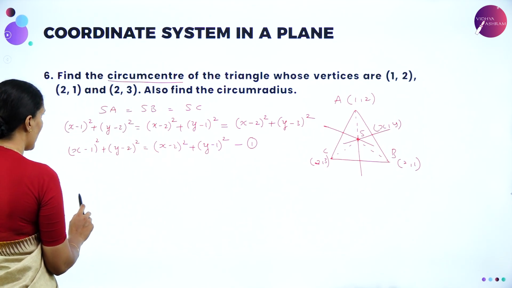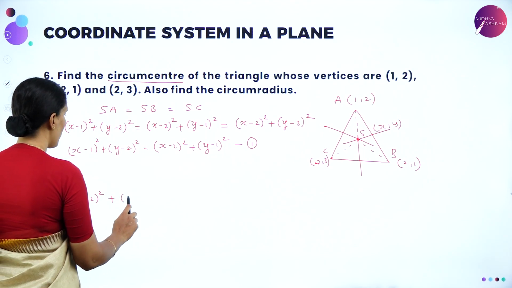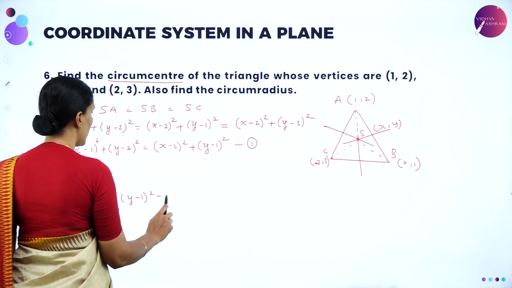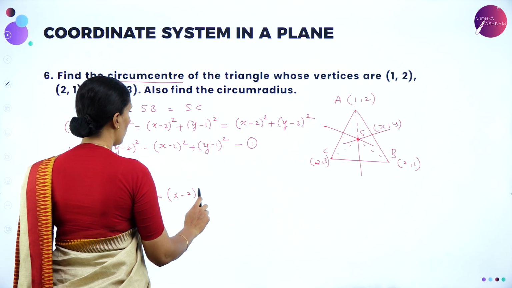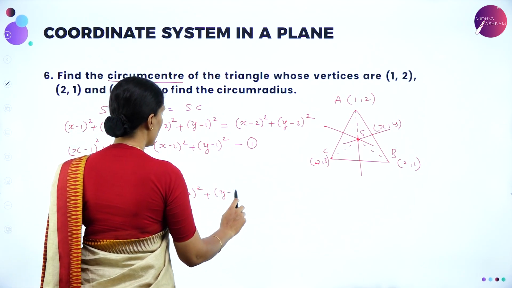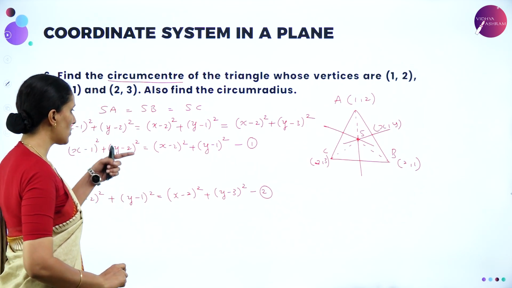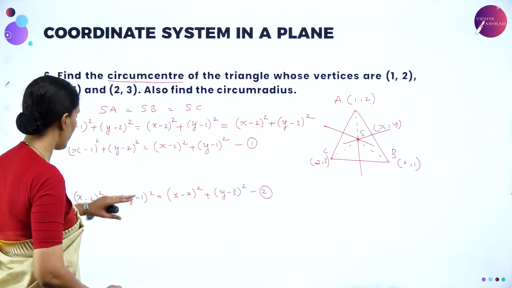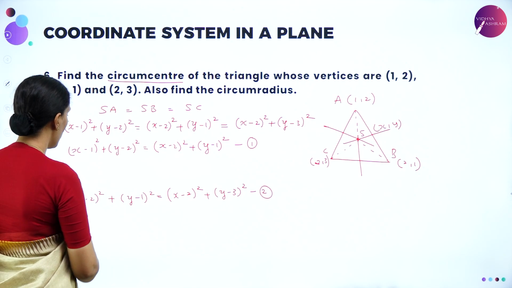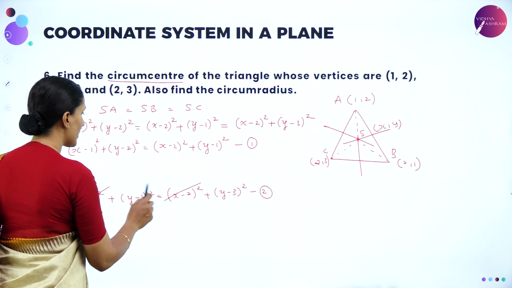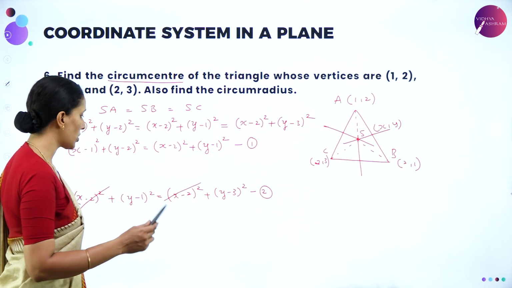And similarly, I can write (x minus 2) whole square plus (y minus 1) whole square is equal to (x minus 2) whole square plus (y minus 3) whole square. Let me take this as equation 2. So let us solve equations 1 and 2. First I will solve equation 2 because I have an equal quantity, (x minus 2) whole square, on both sides which gets cancelled.